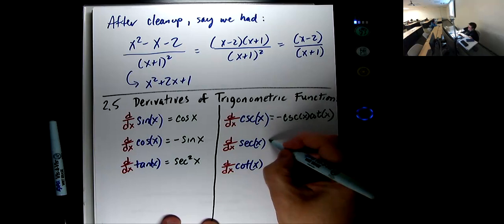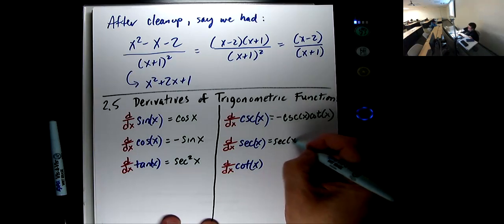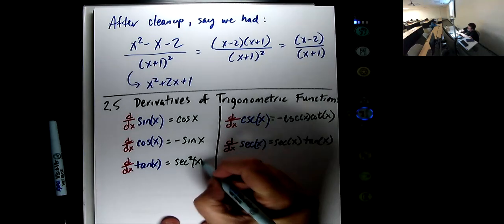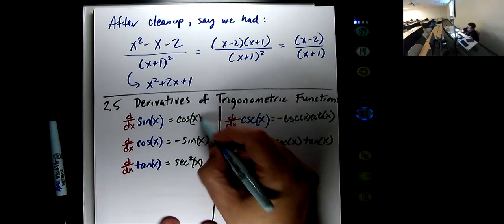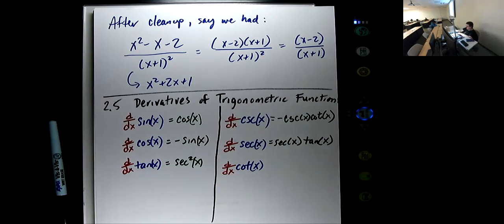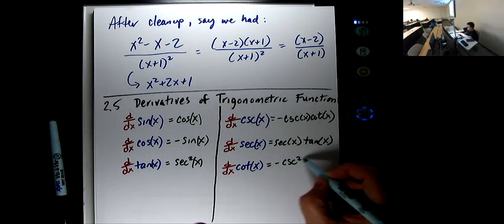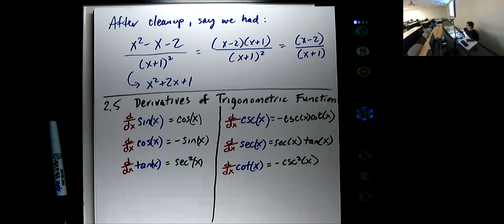And the derivative of secant actually brings itself in: secant tangent. And finally, the derivative of cotangent is negative cosecant squared. Those are 6 ones you should memorize.